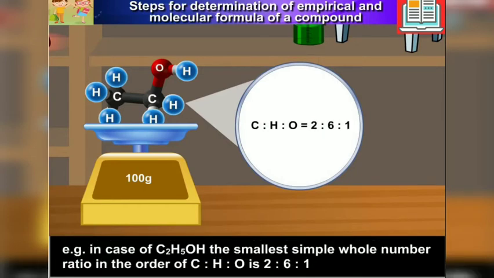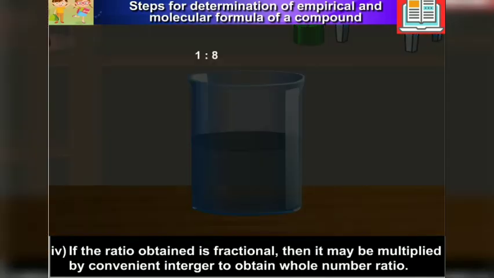For example, in case of C2H5OH, the smallest simple whole number ratio, in the order of carbon to hydrogen to oxygen, is 2:6:1. 4. If the ratio obtained is fractional, then it may be multiplied by a convenient integer to obtain a whole number ratio.